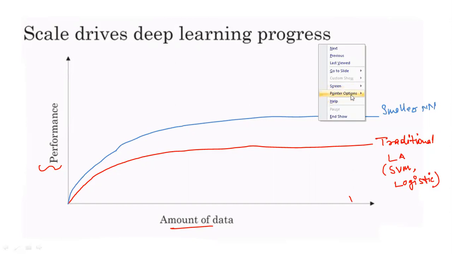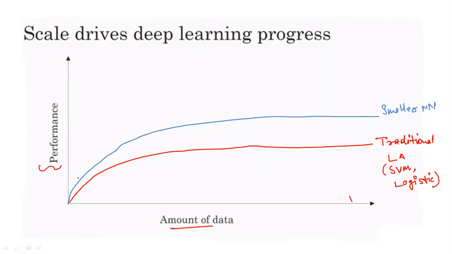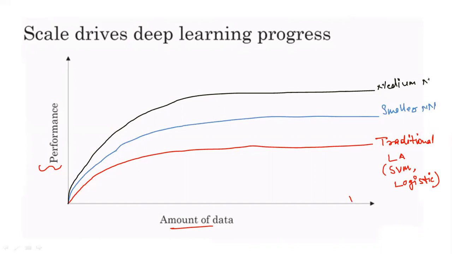And now suppose we have a somewhat bigger neural network. Let us draw the curve for that. So here is the curve if we have a medium sized neural network.